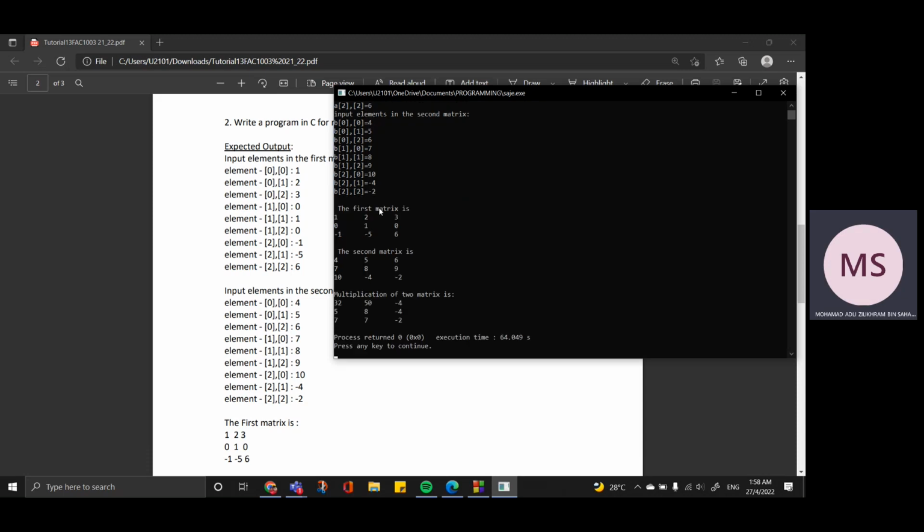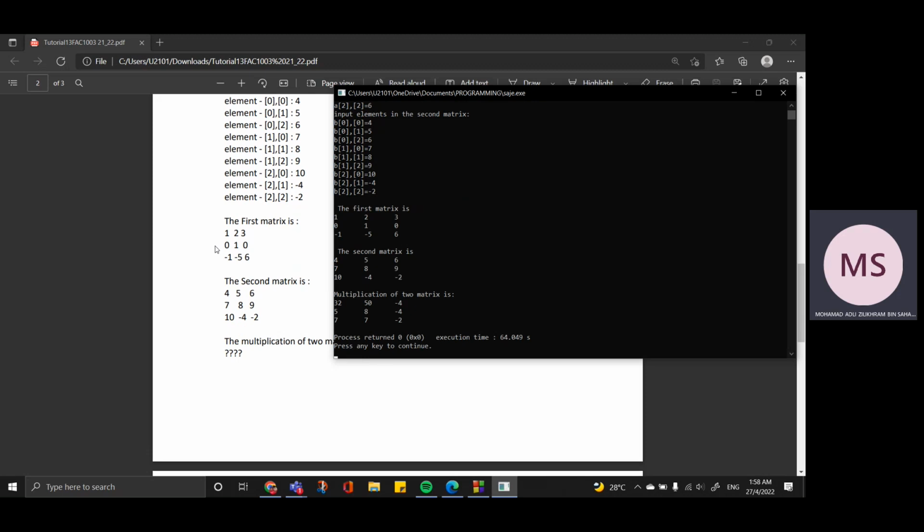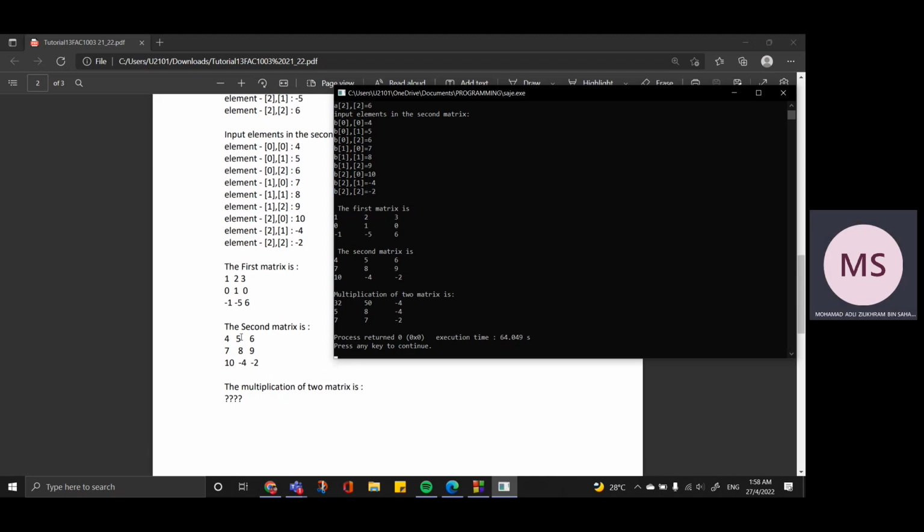And we enter, and it will give the values in matrix form. As you can see, the values I get and the values in the question are the same, and so we get the answer for the multiplication of two matrices. In this case, it will be 32, 15, 84, 5, 8, 84, 7, 7, and 82.